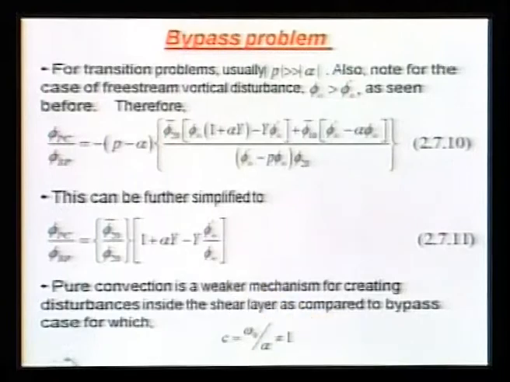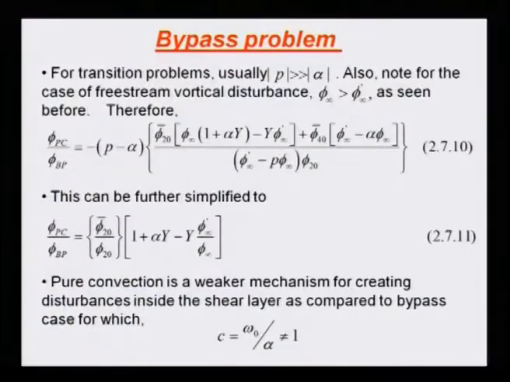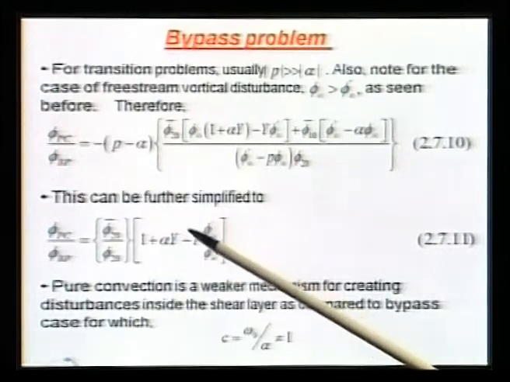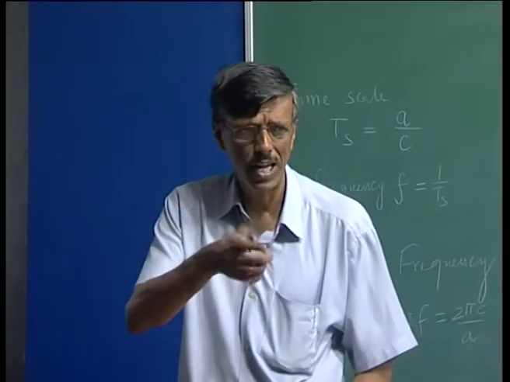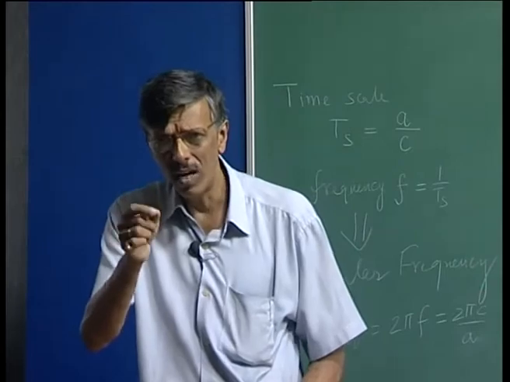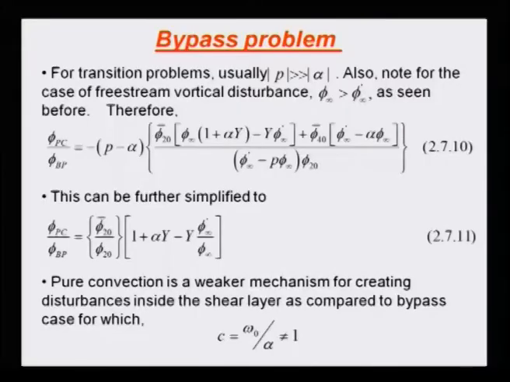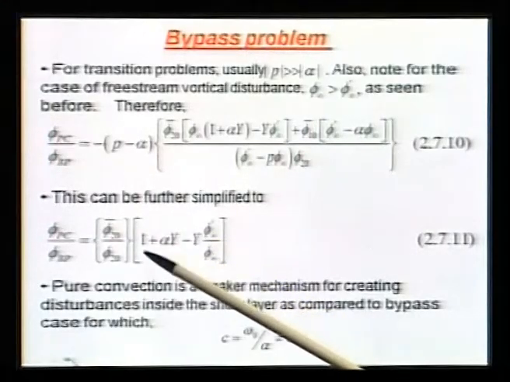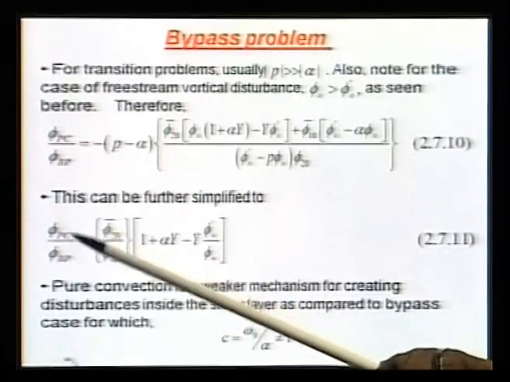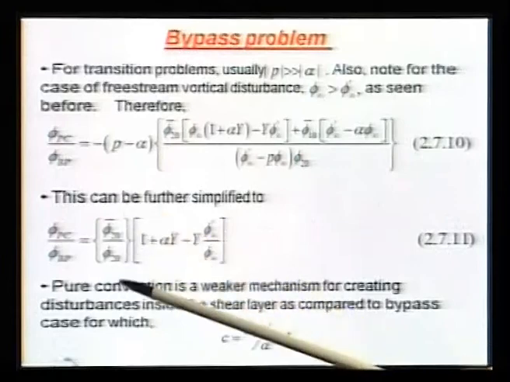Y is usually large. We are taking it at a much higher height. Alpha is rather small because we are looking at the eigenvalues close to the origin. So this is not really a very strong thing. What really determines this ratio is the ratio of the two.